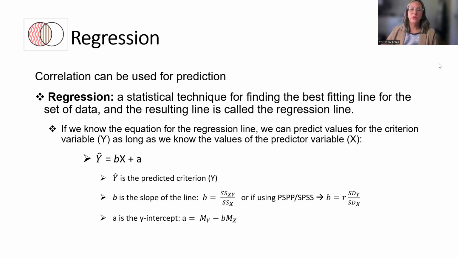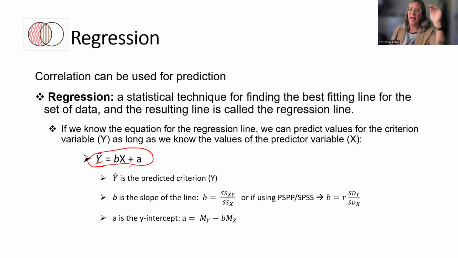The line of best fit, or what we call the regression equation or regression line, you've probably seen before: ŷ = bx + a, where b is the slope and a is our constant. What we're doing is predicting y using x.